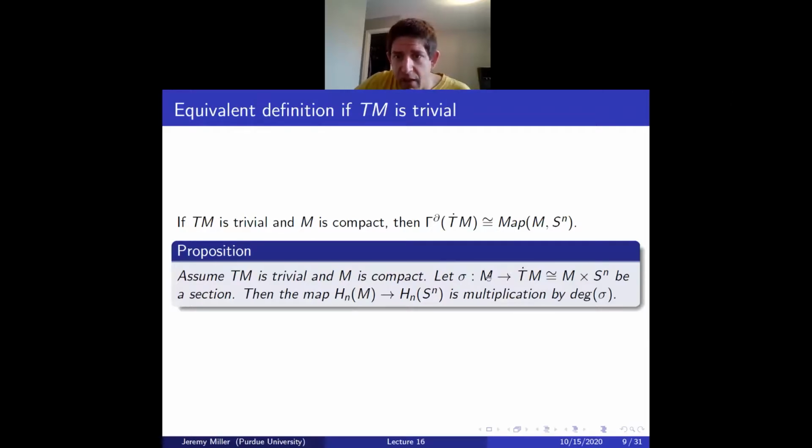And the proposition says that the degree of a section here is just the induced map. View your section as just a map to the sphere. Look at the induced map on nth homology groups. That's going to be multiplication by the degree. Any questions? So this is just saying degree is slightly more concrete when the tangent bundle happens to be trivial.